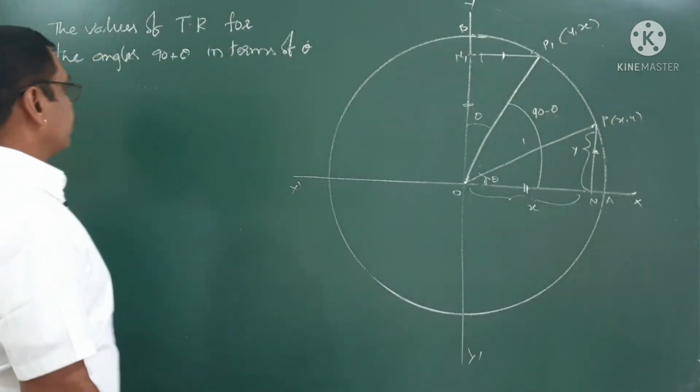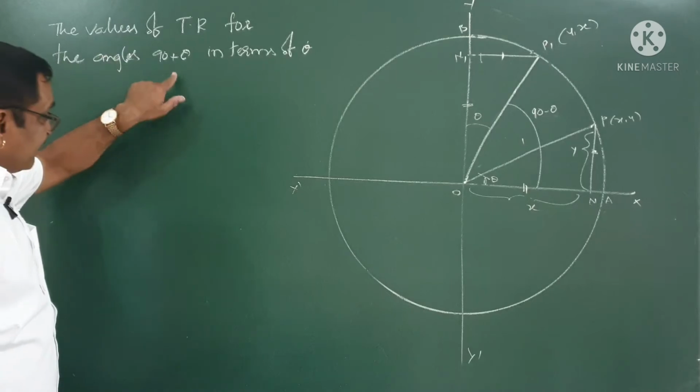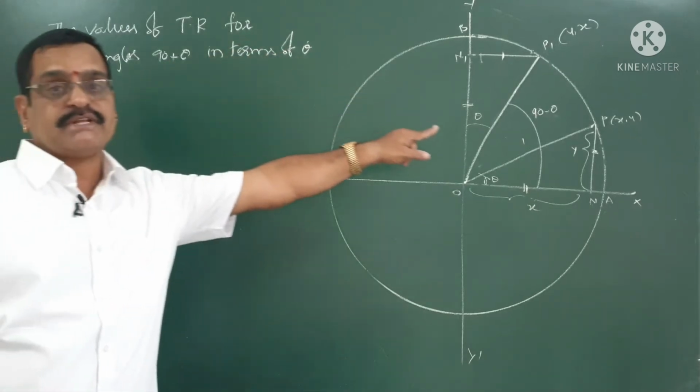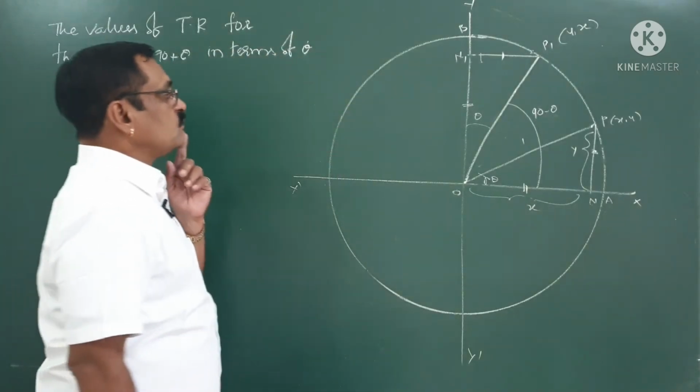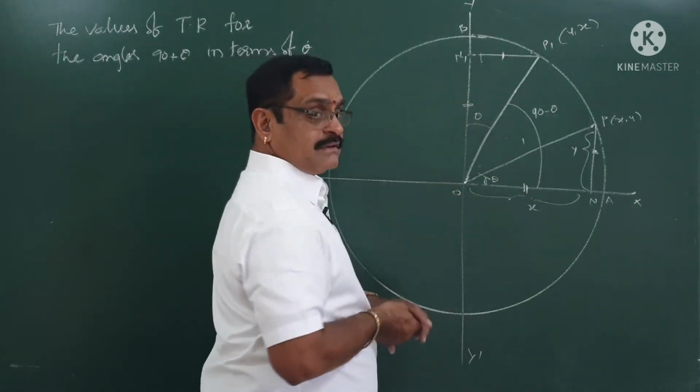The next one is the values of trigonometric ratios for the angle 90 plus theta in terms of theta. So for this, already I know the angle between OA and OB is 90.